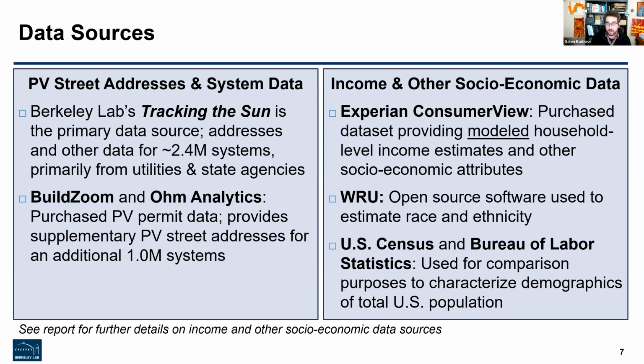And we'll talk a little bit later about some of the details of how that works. And then finally, when we compare PV adopters to the broader population, the demographic characteristics of the broader population are generally based on census data or some other sources, depending upon the particular attribute.